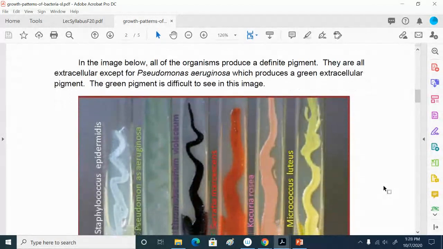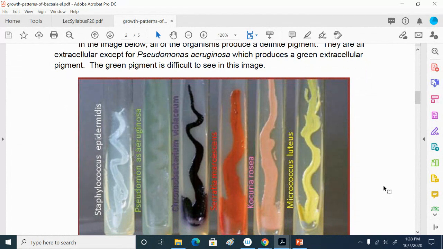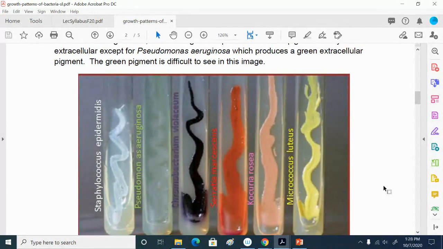So here we see some examples of some bacteria growing on the agar slants. Let's start from the right and go to the left. So Micrococcus luteus. What do you see here?